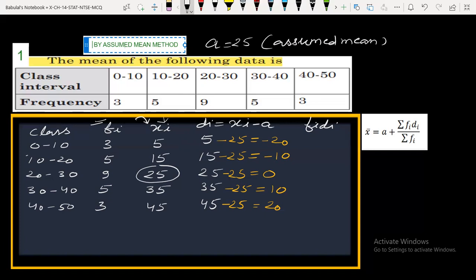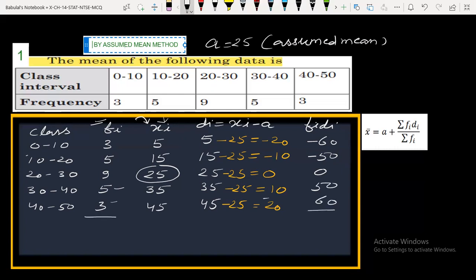You multiply di by fi only, means frequency को multiply करना होगा. तो देखिए, then you can write here minus 20 into 3, that is minus 60. 5 into minus 10, that is minus 50. 9 into 0, that is 0. 5 into 10, that is plus 50. 3 into 20, that is plus 60.